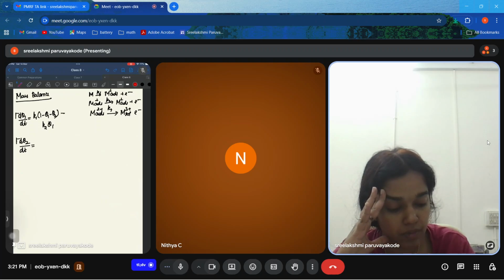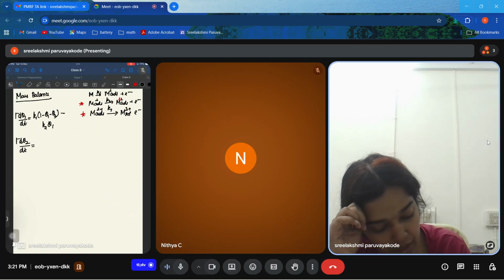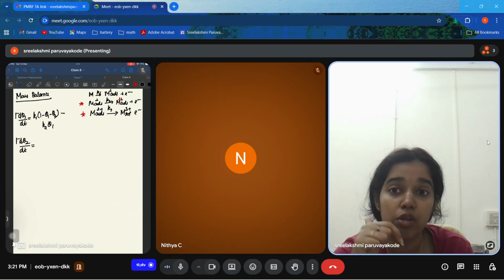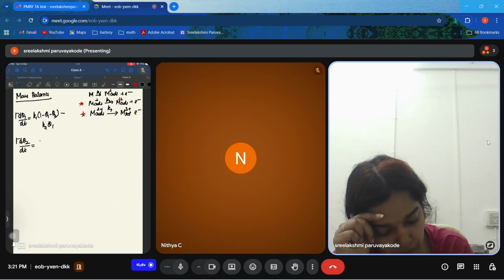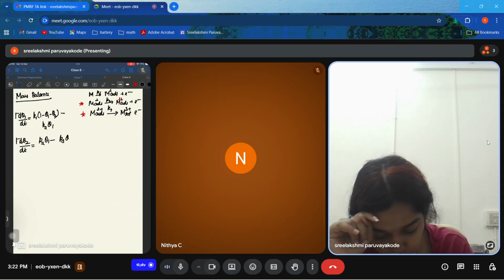But the second step involves formation of M adsorbed 2 plus, and the next step involves consumption of M adsorbed 2 plus, so that one will also be considered. For the second step, MH plus gives MH2 plus electron, involving formation of MH2 plus. So I'm considering K2 theta 1, minus, because it is getting consumed in the next step, K3 theta 2. So these are the expressions you get.